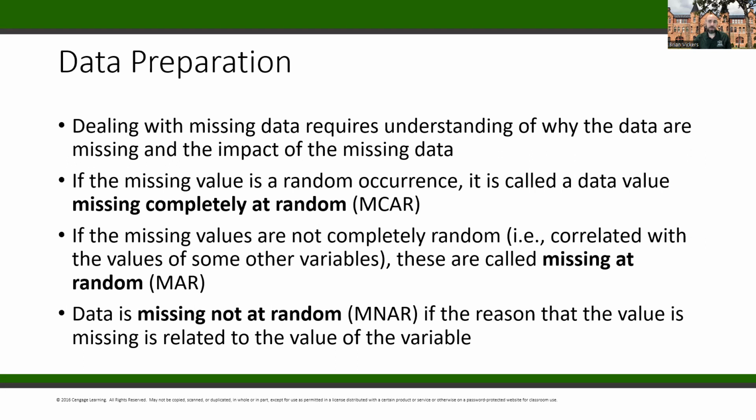So there's three terms here. One, if it's a completely random occurrence, it's called missing completely at random, or MCAR. If it's not completely random, meaning maybe one person is in charge of entering the data that day, or it's only missing if there's some correlation of some kind with another variable or something else, then it's missing at random.